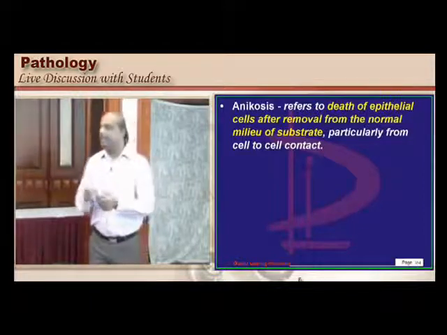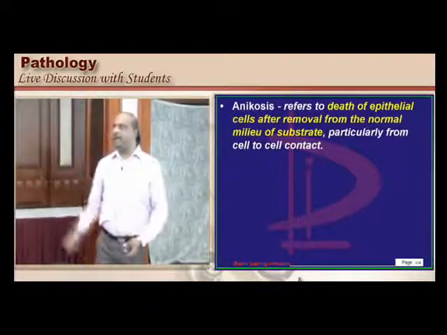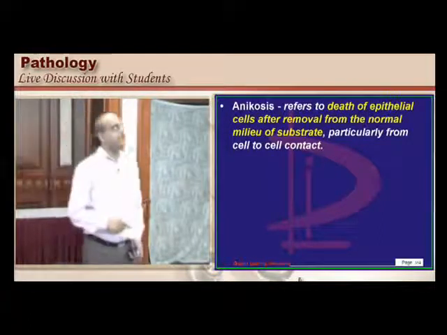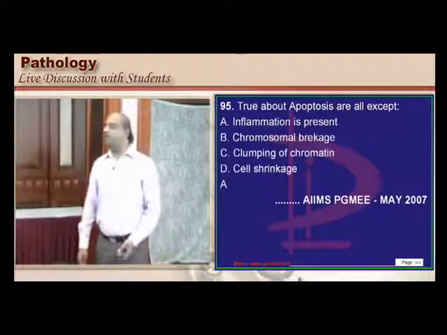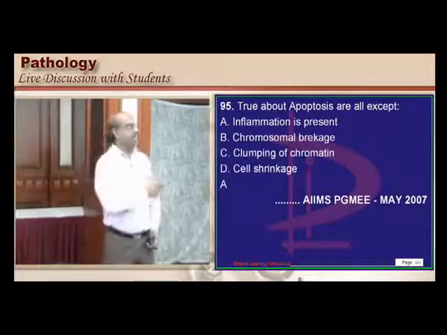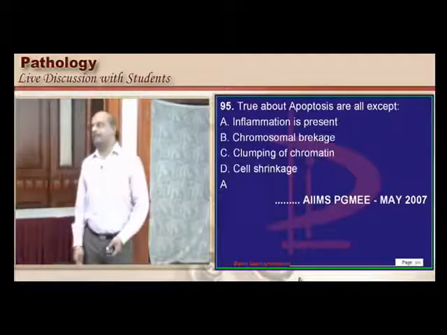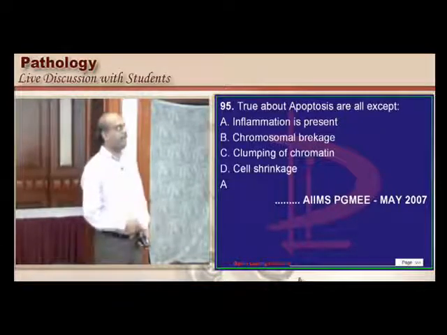If there is no cell adhesion, without company, the cell will die, and that is basically called anoikis, not a part of apoptosis. Then the next question of May 2007 was, everything is a feature of apoptosis: chromosomal breakage, clumping of chromatin, cell shrinkage, but inflammation is not a feature, is what you should be very sure.